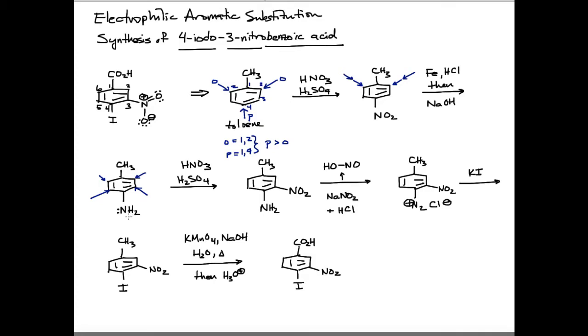So now it's an ortho-para director, which we installed a new nitro group. So now we have differentially oxidized nitrogens. The amino group was transformed into arene diazonium, which was then displaced with iodide to install the halogen. And then finally, the benzylic methyl group was oxidized to the acid.